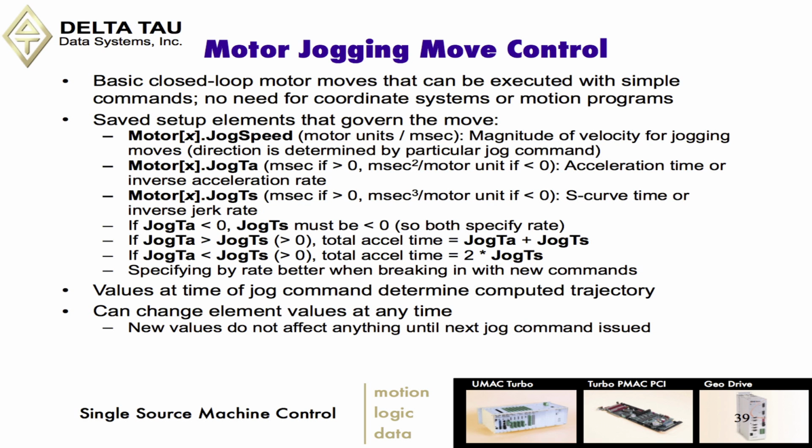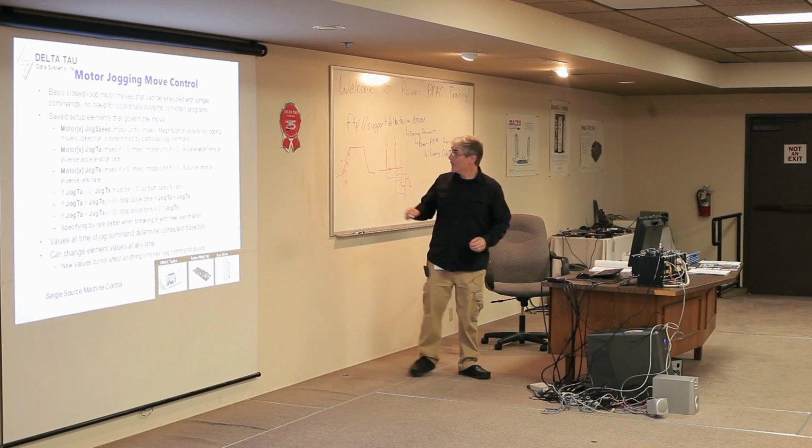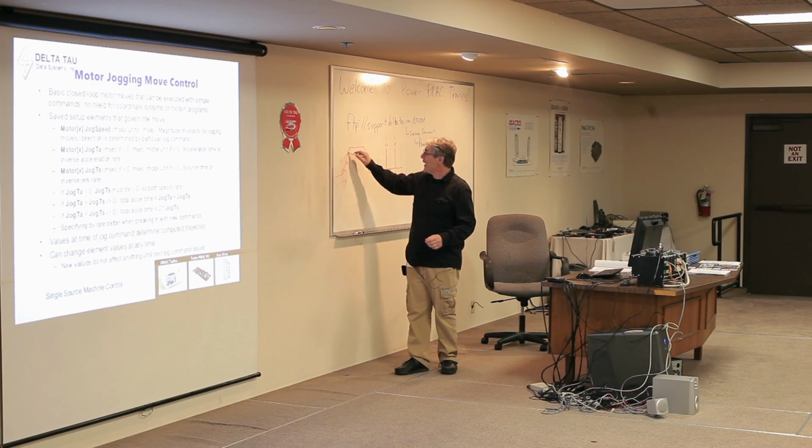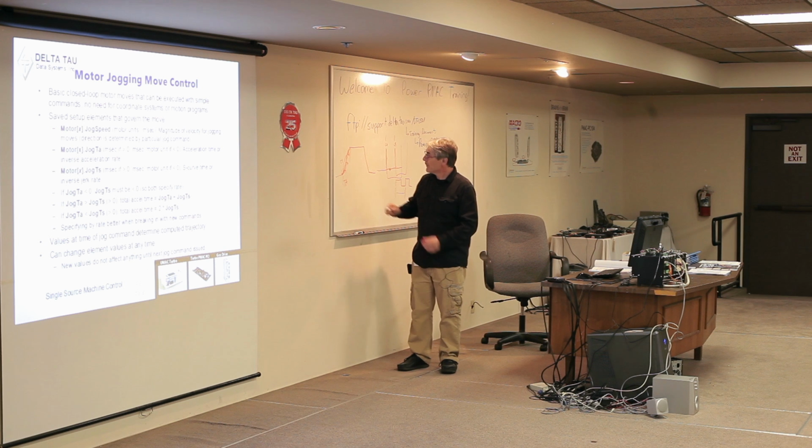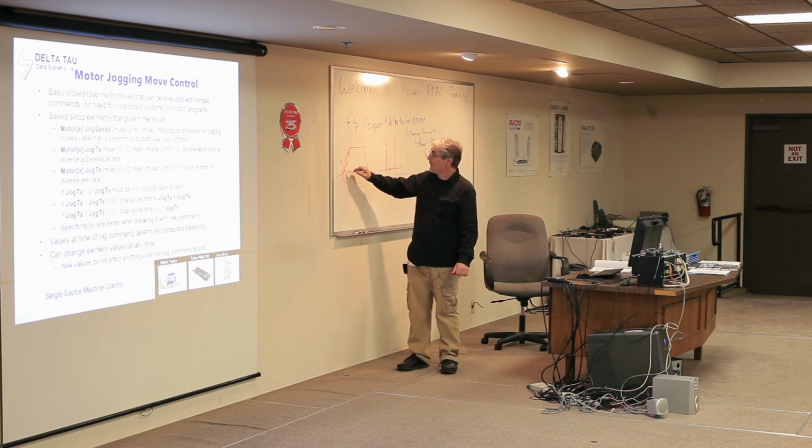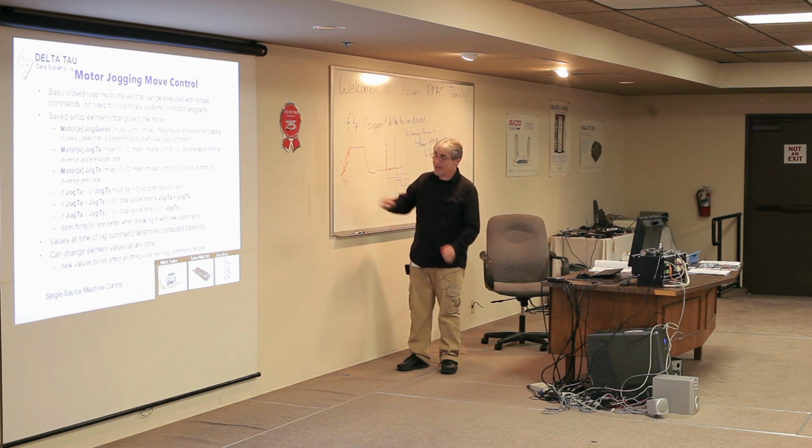It's just the sum of all the acceleration times put together. Once TS becomes greater than TA, TA doesn't matter anymore. Now the acceleration time is just 2 times the TS value. So once it becomes greater, that's not a good looking S-curve. So if I have TS, it's twice that for the acceleration time.